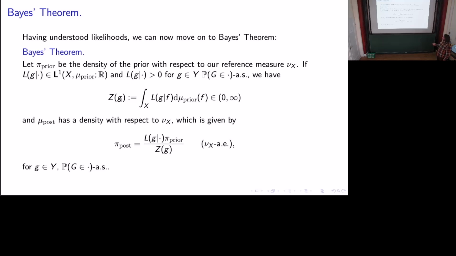And then we have this integral here, so Z of y is strictly positive. We just integrate a positive function that is integrable, so that will be positive.